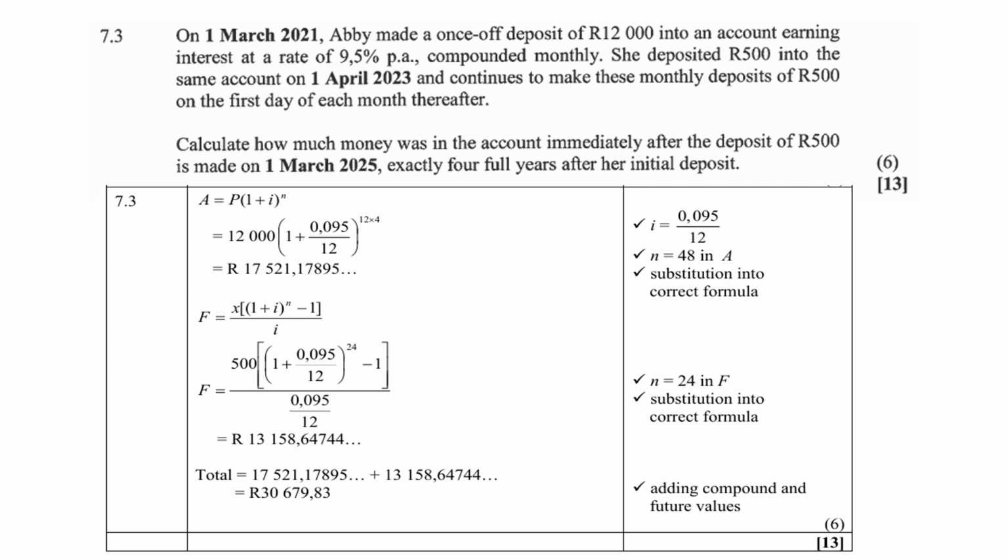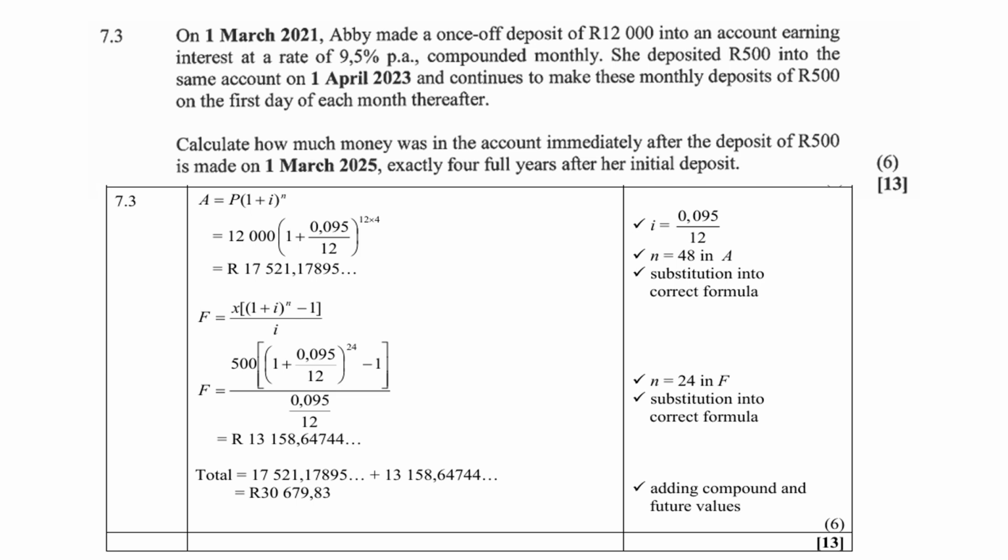And then to the power of 12 times 4, because they said after 4 full years. So it is 12 times 4. On the calculator, you get 17,521 Rand and 17895. Don't round off yet, because in financial maths, premature rounding is a problem.